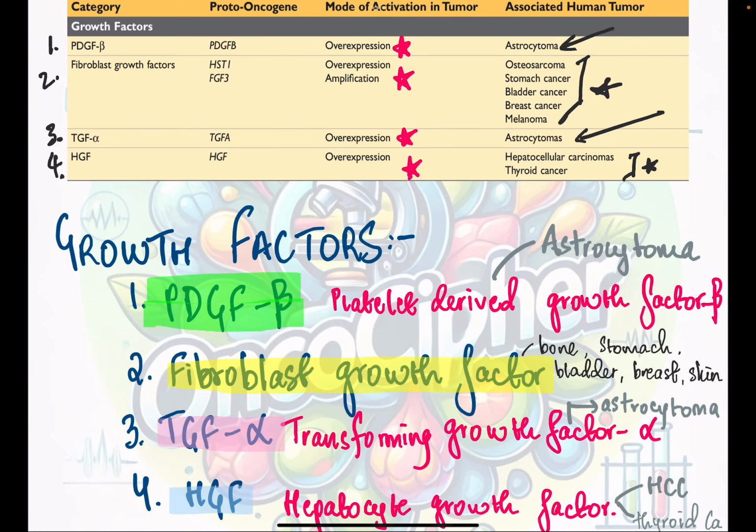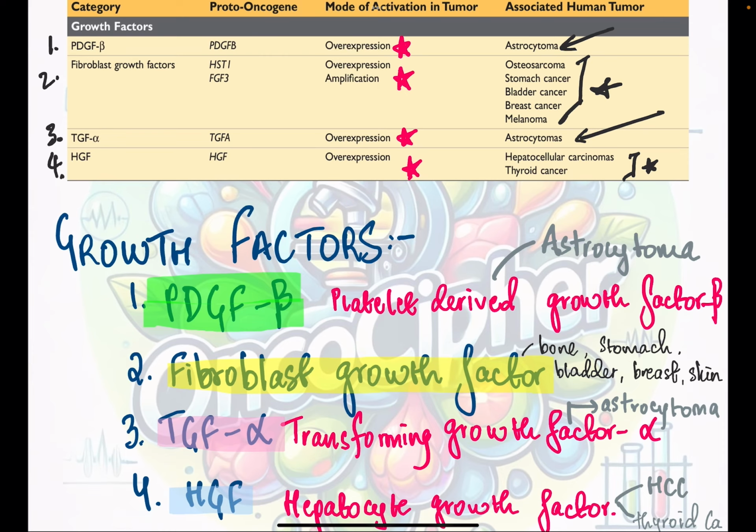So, coming first to growth factors, the 4 most important growth factors are PDGF beta, which is platelet derived growth factor beta. The mode of activation of this proto-oncogene is its overexpression, which causes astrocytoma, which is a form of brain tumor. The second one is fibroblast growth factor, which is again overexpressed or amplified, leading to bone, stomach, bladder, breast, and skin cancer.